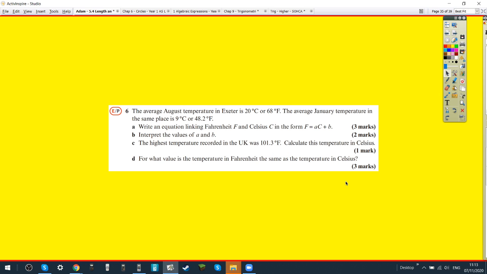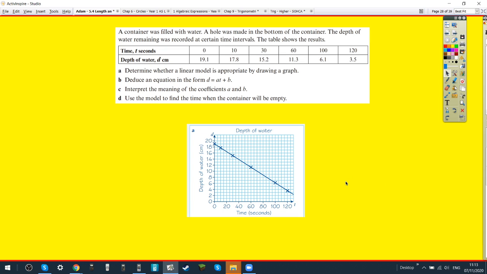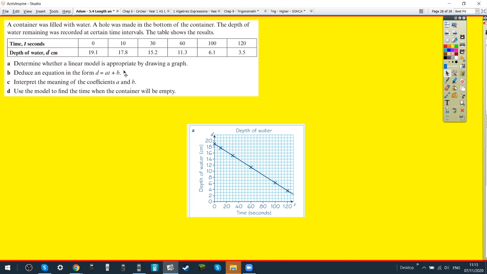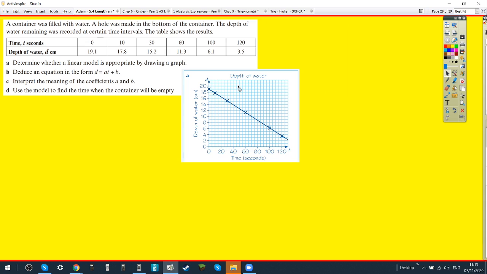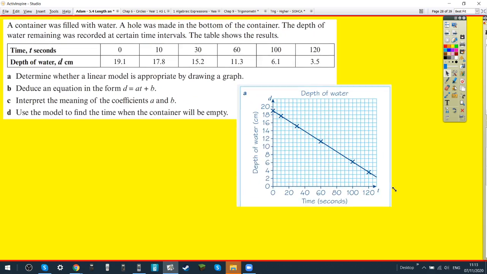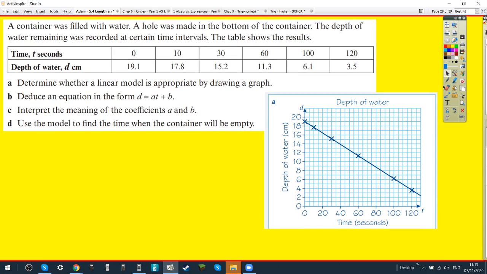Maybe. Alright, I'll now go back. This one. Okay. You're given this data. They said draw the graph. I just gave you the graph here. Part A. Any idea what this is about?